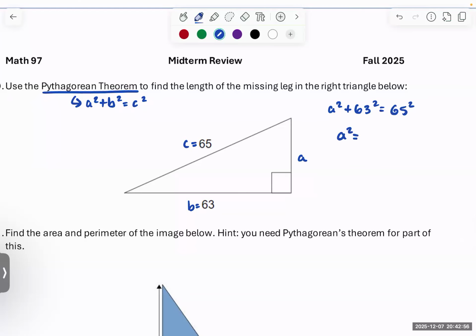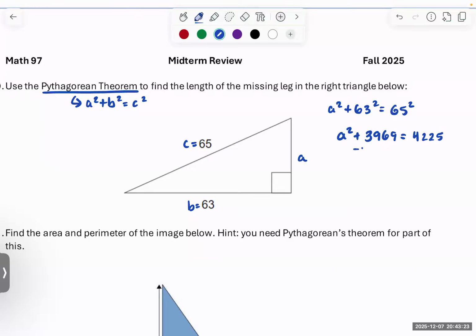And again, you can use your calculator for this. 63 times 63 is 3,969. Plus equals 65 times 65, which is 4,225.